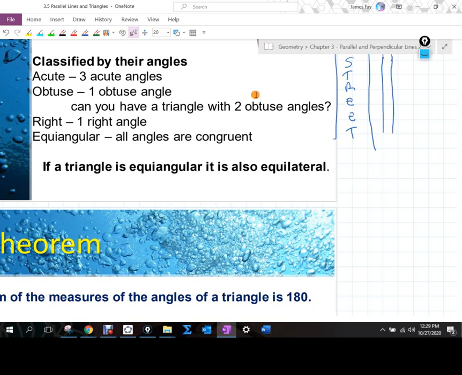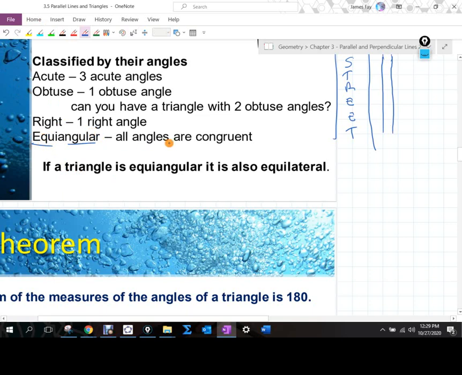So if I have angles of 90 and 91, what do those add up to? 181. Does that violate a rule of geometry? Yeah. So you cannot have more than one right angle, and you can't have more than one obtuse angle, because then you'll blow up your triangle.